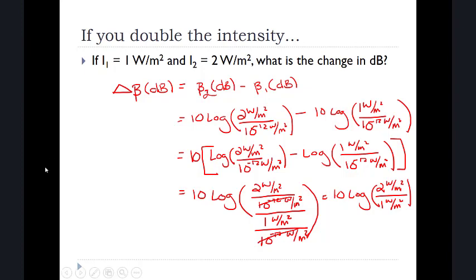And I get an answer that this change in intensity is 3.01 dB. So if I double the intensity, that corresponds to a change of 3 dB.